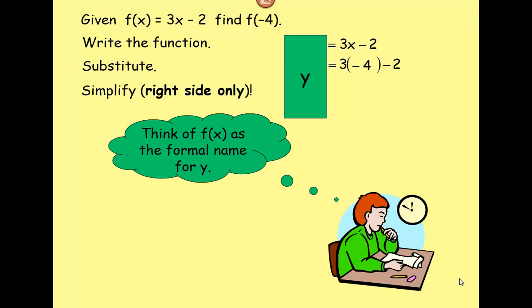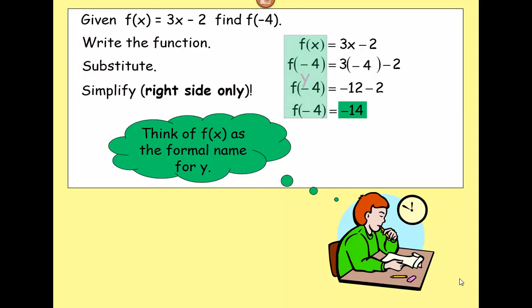We have a quick multiplication, and then we have a subtraction. So our answer is y equals negative 14, or in this case, f of negative 4 equals negative 14. This tells us what number went into f of x, negative 4, and what number came out after we followed our rule, negative 14.